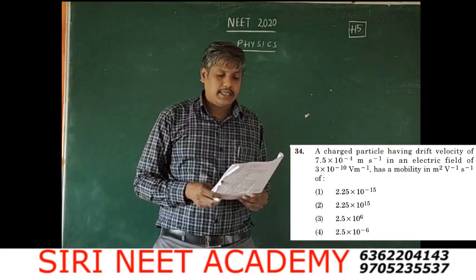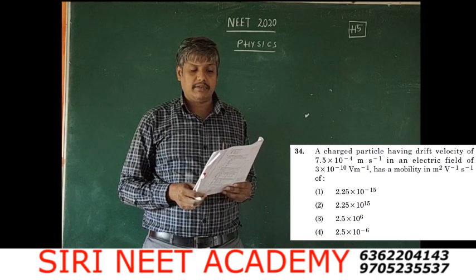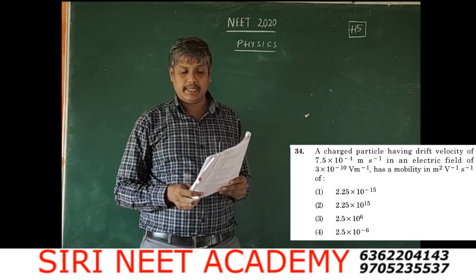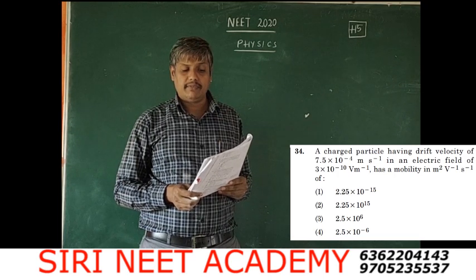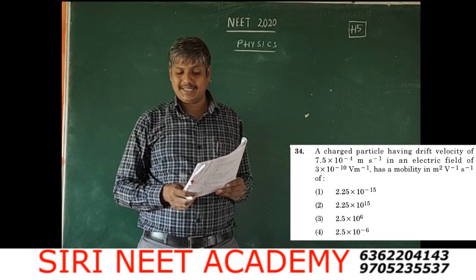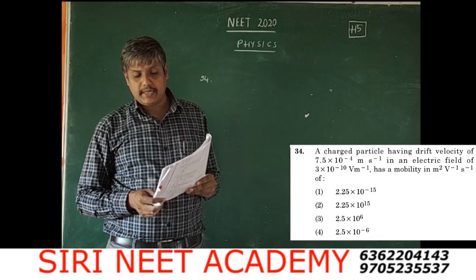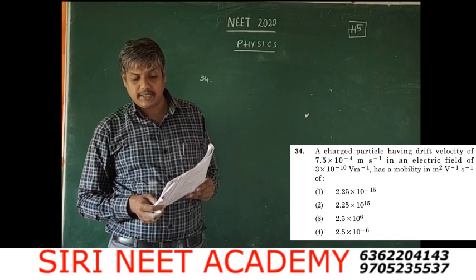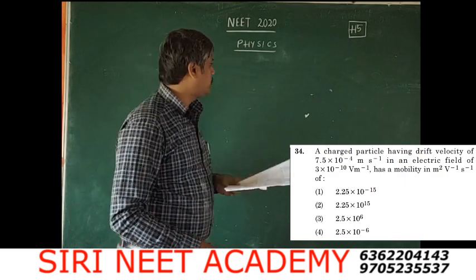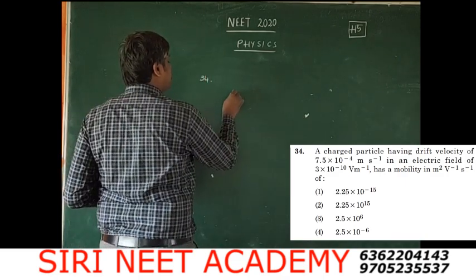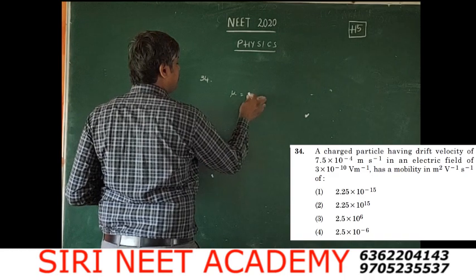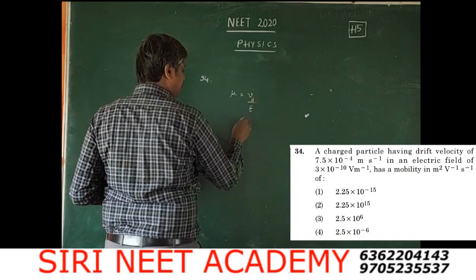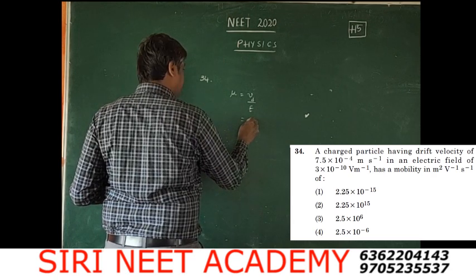34. A charged particle having drift velocity of 7.5 × 10^-4 meter per second in an electric field of 3 × 10^-10 volt per meter has a mobility, in meter square per volt per second, of. We know that the mobility is given by the drift velocity acquired per unit electric field.